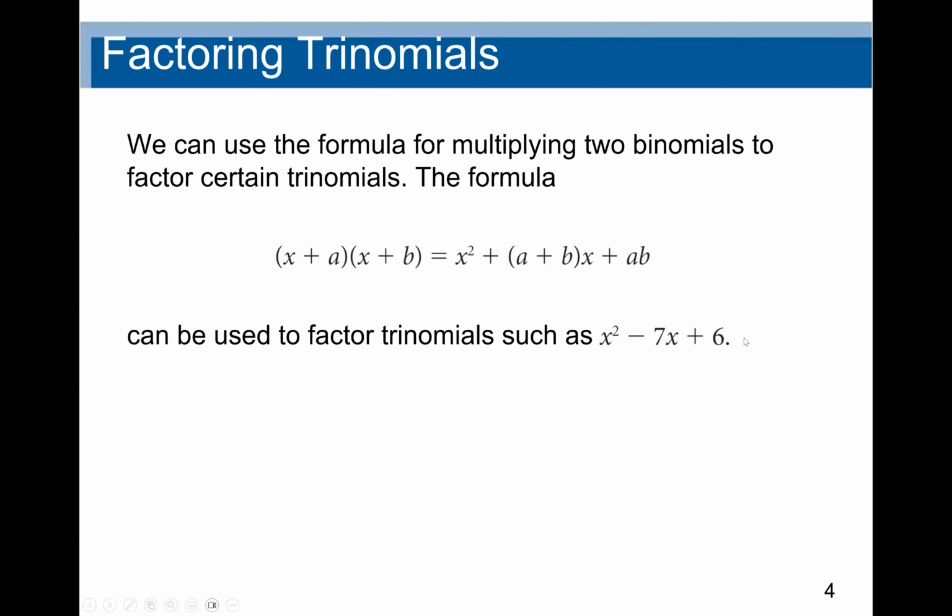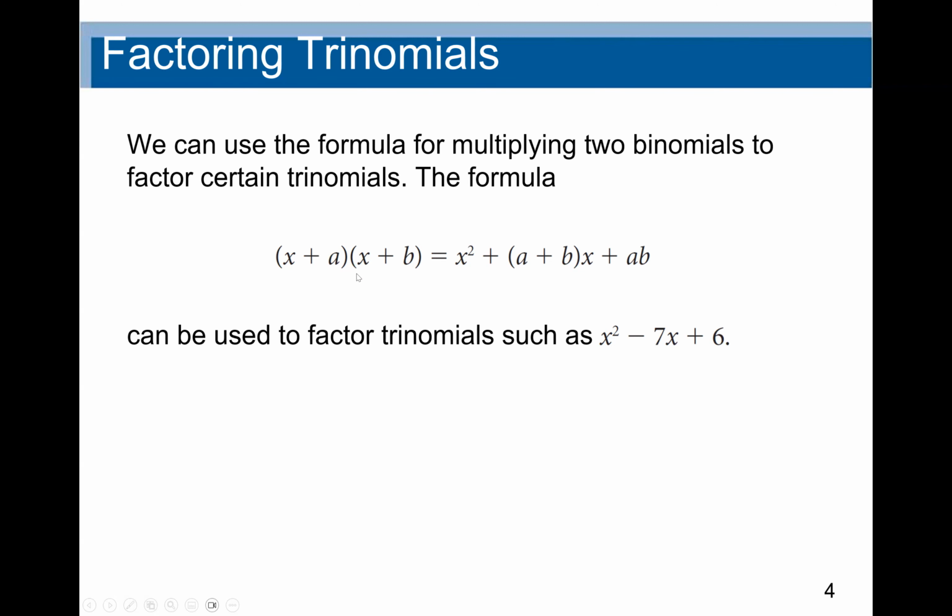So to factor the trinomial x squared minus 7x plus 6, we are looking for values that when we multiply, we get 6, and the same values when we add, we get minus 7. So this will be minus 1 times minus 6. Minus 1 times minus 6 will give me plus 6. Minus 1 plus minus 6 will give me minus 7. So that's the whole concept here.